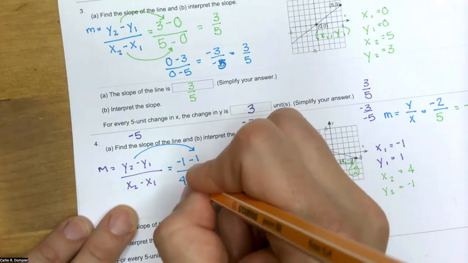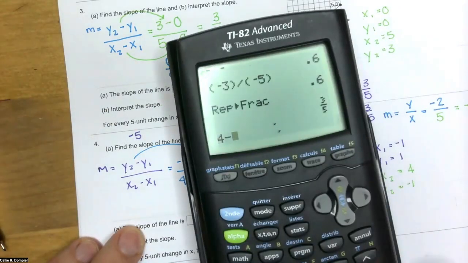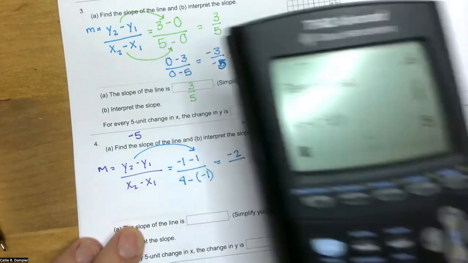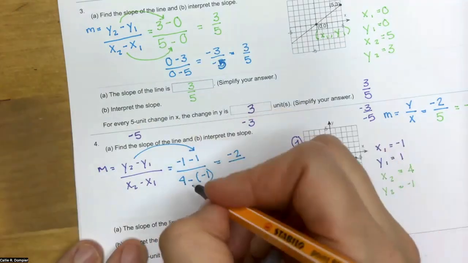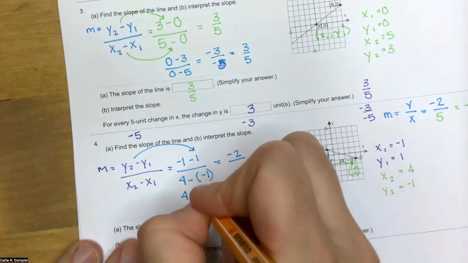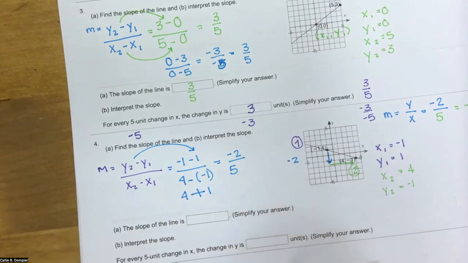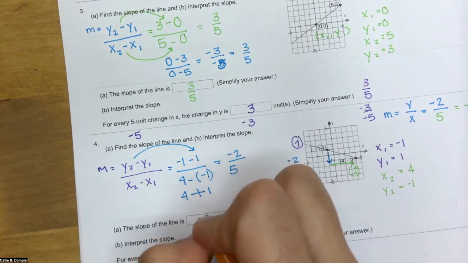And then 4 minus -1, you can put it in your calculator. 4 minus -1 is actually a 5 because two negatives become a positive, right? It's just a big plus sign. So that's still -2/5. The slope of the line is -2/5.